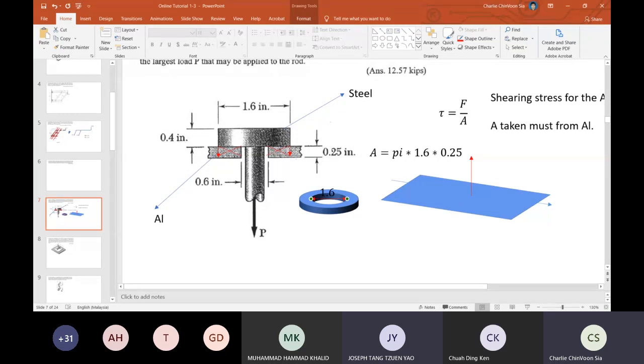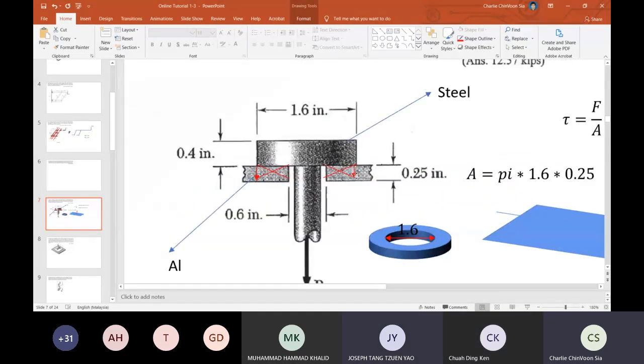Imagine that. Same thing, if I put the direction up, the direction will start from this point, going up, at the edge.